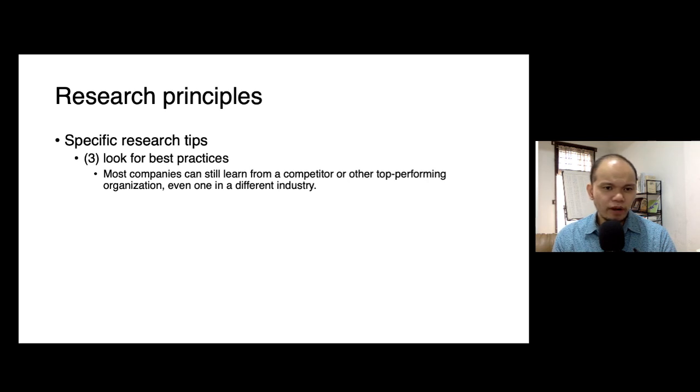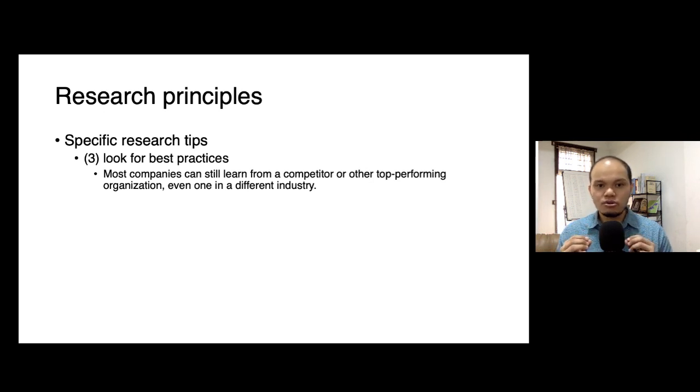When you look for best practices, remember, this is just starting things out. This is not the complete analysis, the complete research that you're doing. But sometimes, and this is what the literature also talks about, looking for weak links, looking for something that is probably not related to your company, but that's going to be helpful, that's going to be impactful sometime in the future.